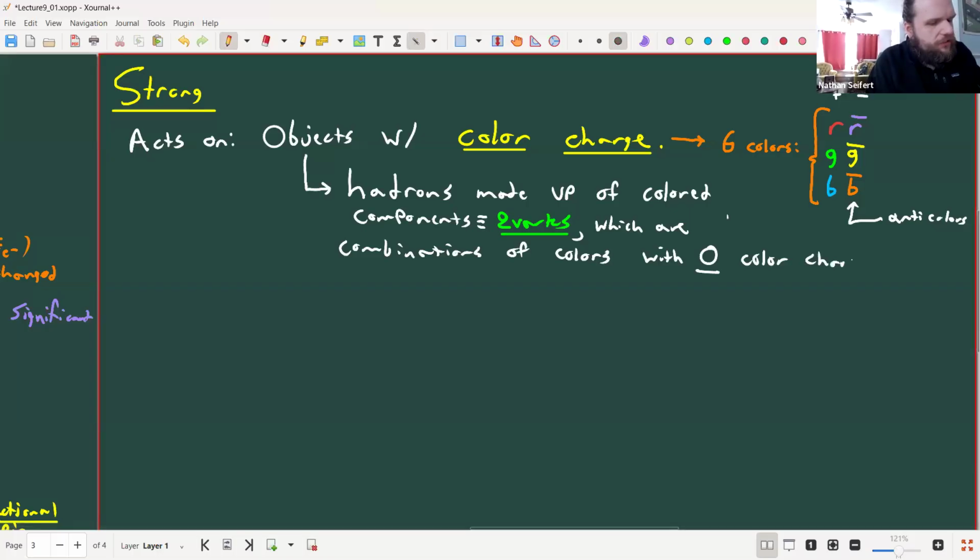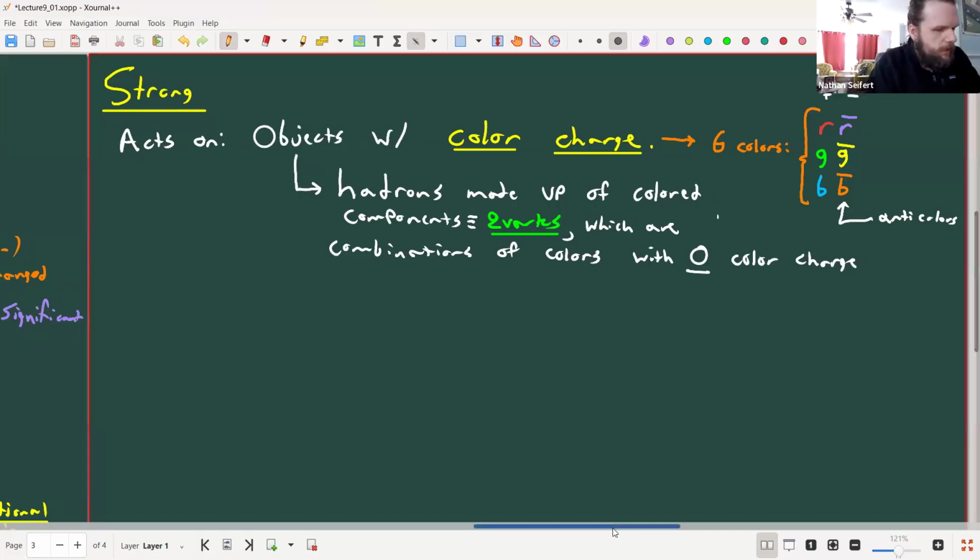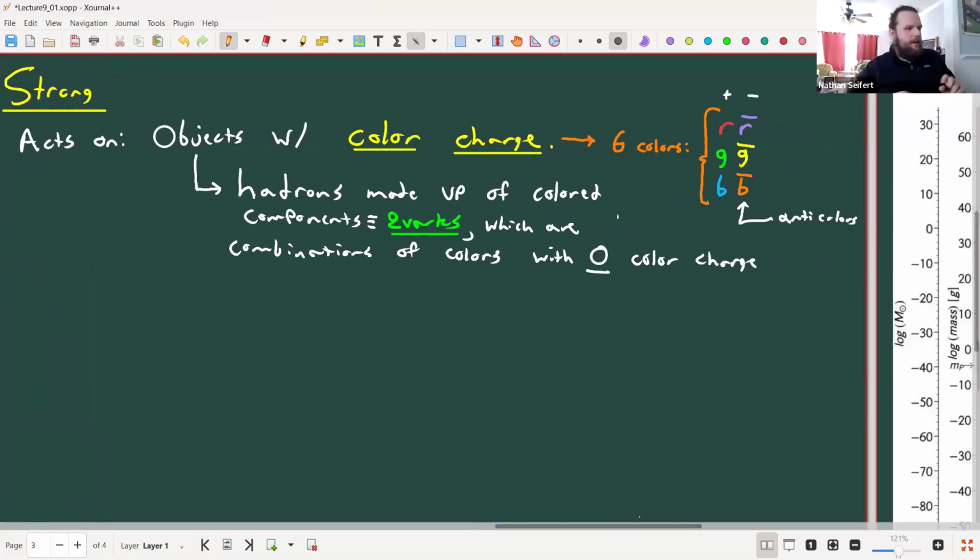So all the colors cancel out. I know that sounds kind of weird. How do you have colors that cancel out? All right, we'll think about that in a second.